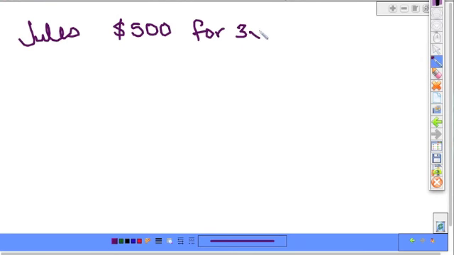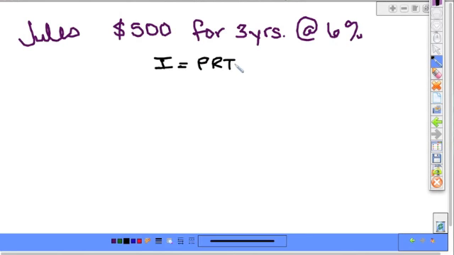Let's say that Jules, and this is from your homework worksheet, borrowed $500 for 3 years. And of course I'm writing this shorthand, at 6% interest. Okay, fill in our formula. I equals PRT.